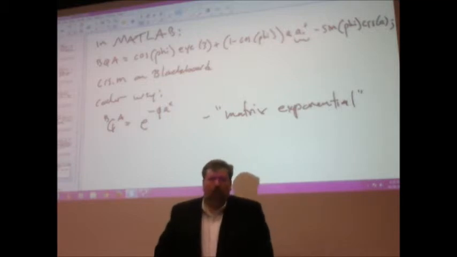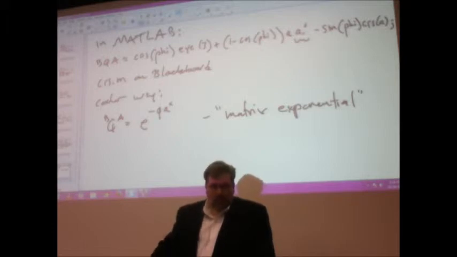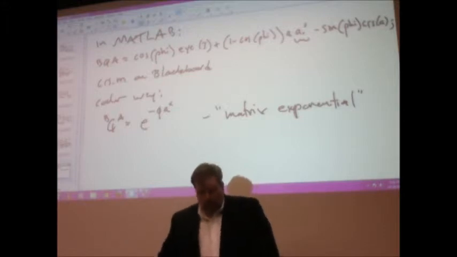If any of you have taken the linear systems class, you probably have seen this matrix exponential. We use this to describe the general solution to a time domain set of equations that describe the second order and first order systems in that particular class. It's a really useful trick. Sometimes that matrix that we're raising e to is the state matrix for an entire linear system. In this case, it's simply a 3x3 matrix.